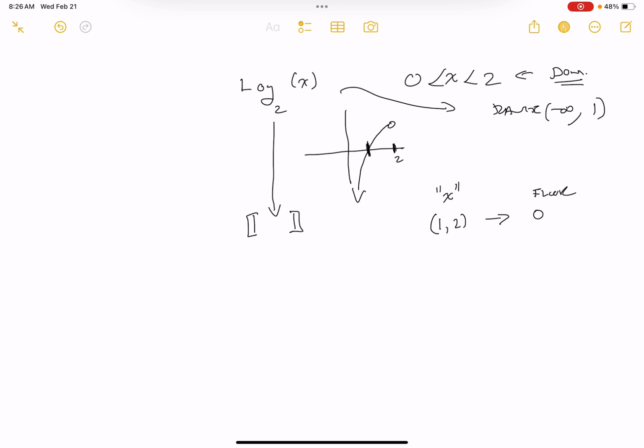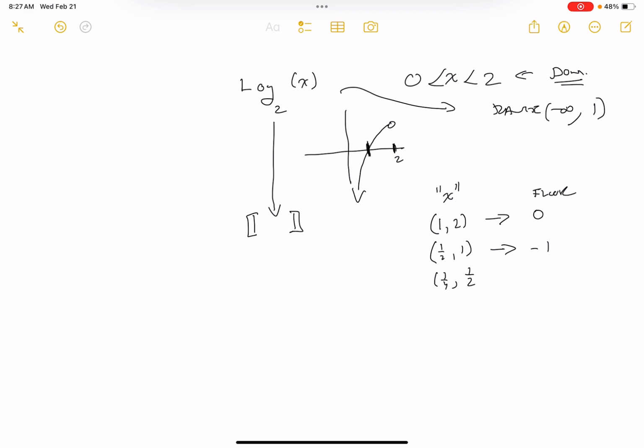All right? And then I go to the next one. And someone says, I wonder what the next one is. The next one is going to go between 1/2 and 1, and the floor of that would be minus 1. And then I go between 1/4 and 1/2. You notice I'm just picking powers of 2, by the way.